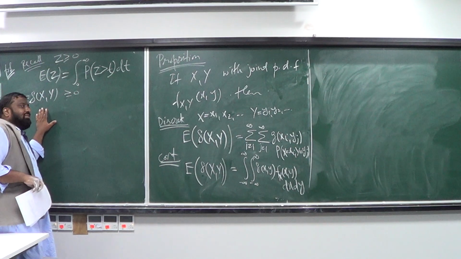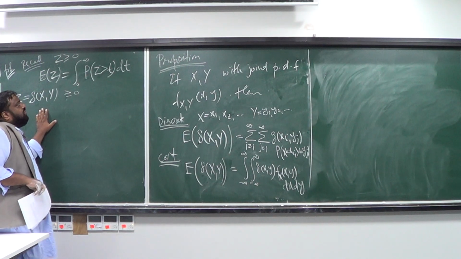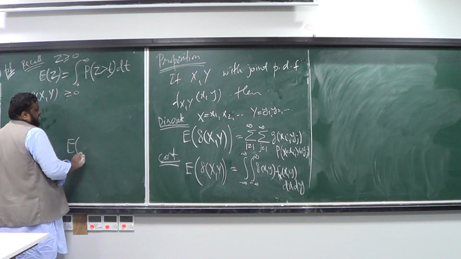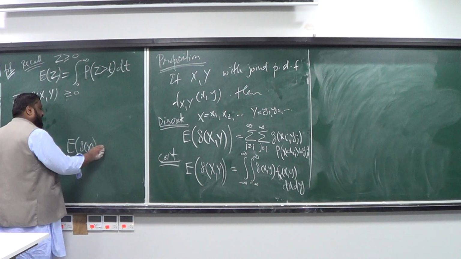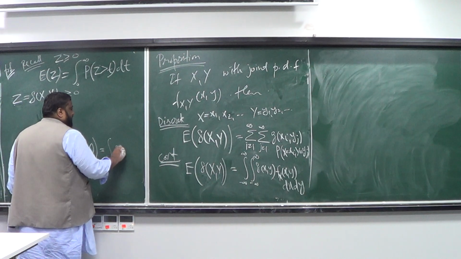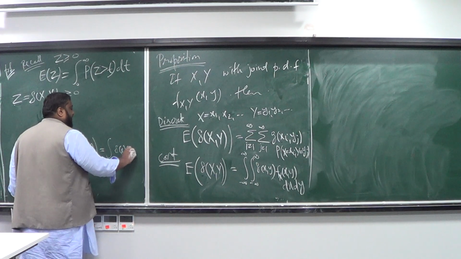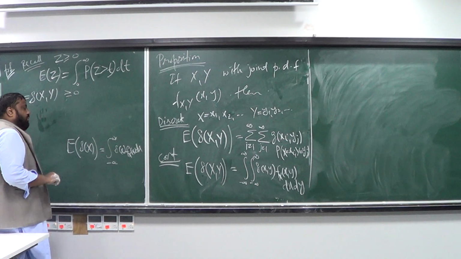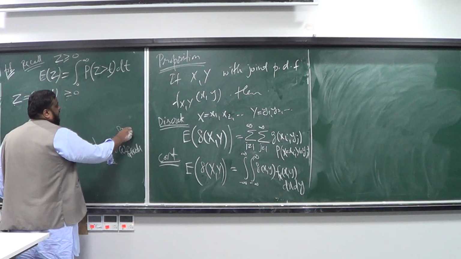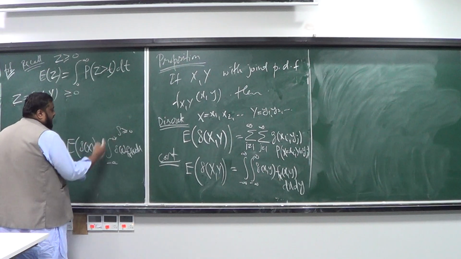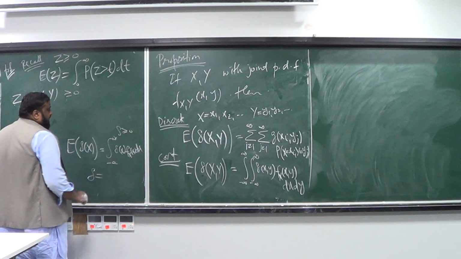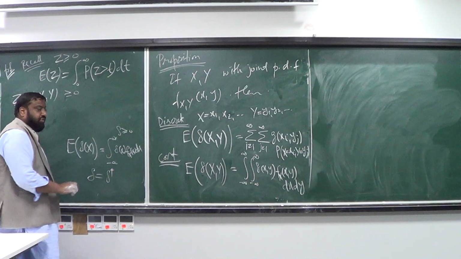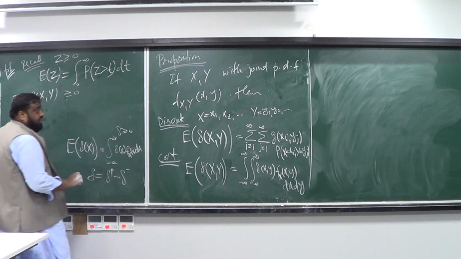As we also did when we were deriving the result that the expectation of g of x is the integral of g of x times fx of x dx, we proved it first for non-negative functions. Then we said that if your function is not non-negative, you can write it as the positive part of g minus the negative part of g.